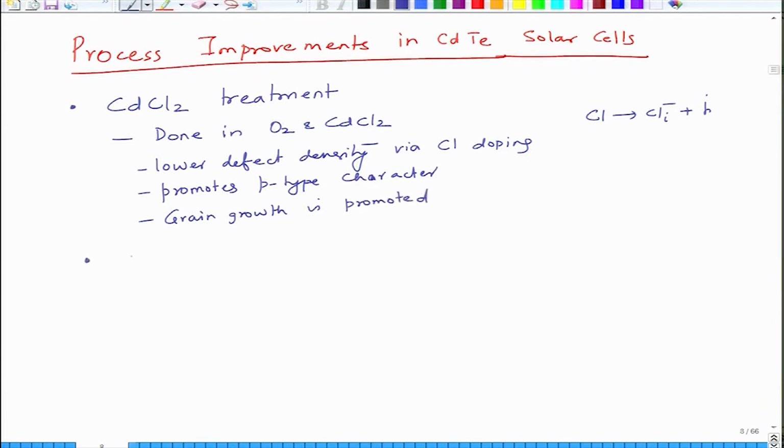And one also does low resistance contact. So if you couple this CdCl2 treatment with low resistance contact formation, this leads to better device properties.